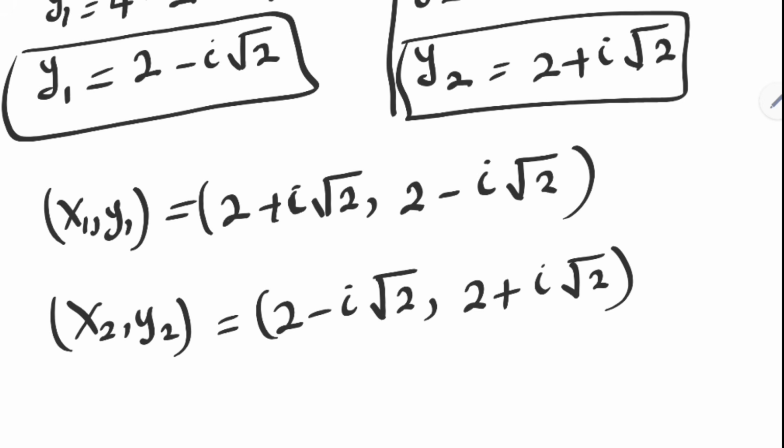Then you can see that the value of x1 here is equal to the value of y2 here, and the value of y1 here is equal to the value of x2 here. We may check to confirm if this answer is right or wrong.